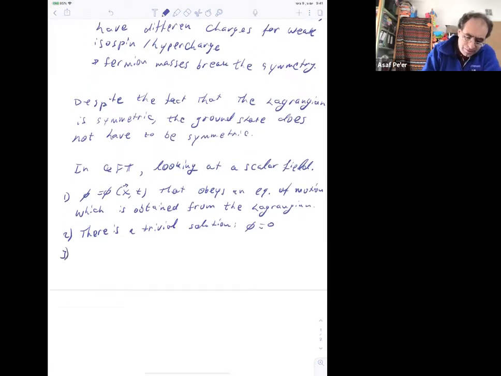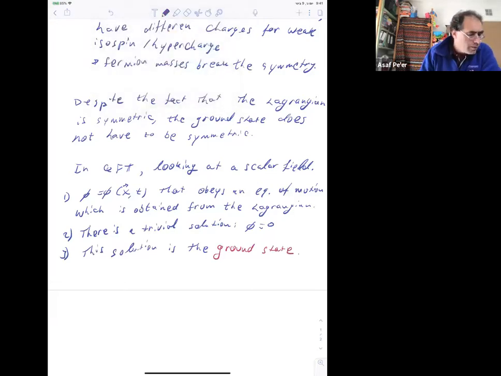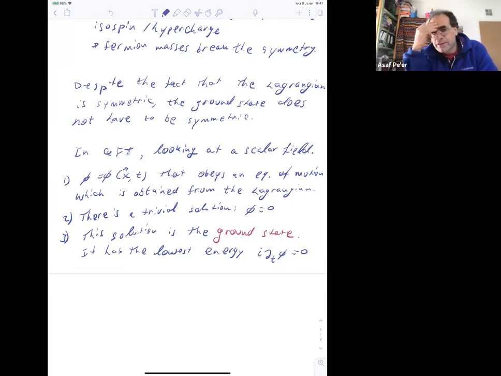So this solution is the ground state. Of course, it has the lowest energy. Now, here comes a crucial difference between quantum field theory and quantum mechanics.